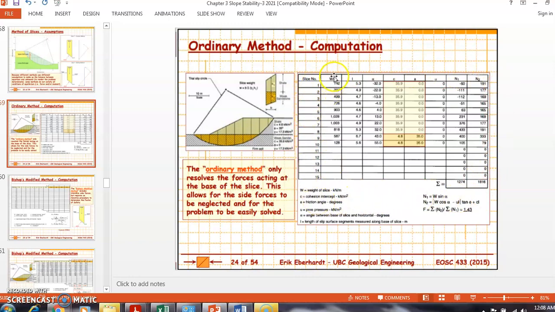We just note the weight, length, alpha angle of the slices, cohesion, phi angle, water pressure, and of course the forces used. Because at the end we want to develop the equation of factor of safety, like you can see here, a comparison between N1 and N2.